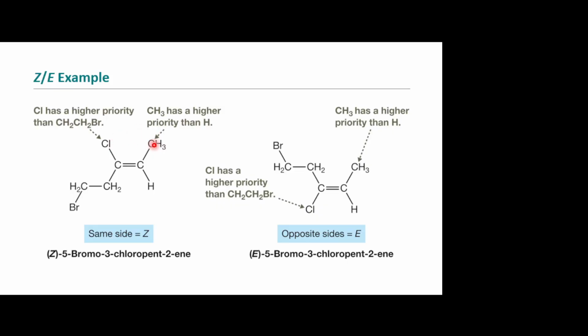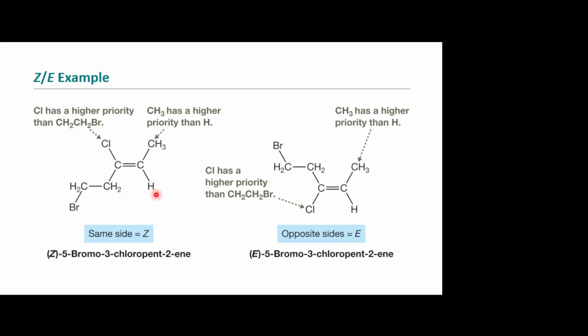And so our highest priority ones are same side, and so that is Z. So we don't actually care. We just care about highest priority on each side. Exactly. So all we care about is this set, which is the highest priority.